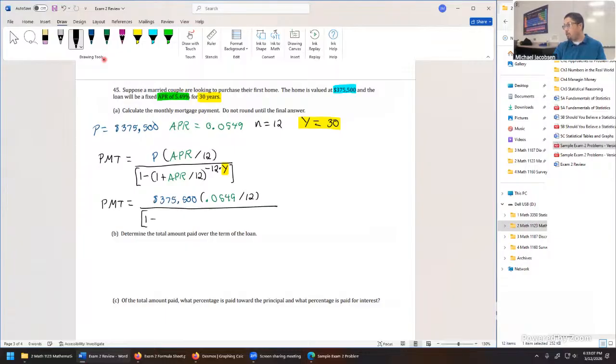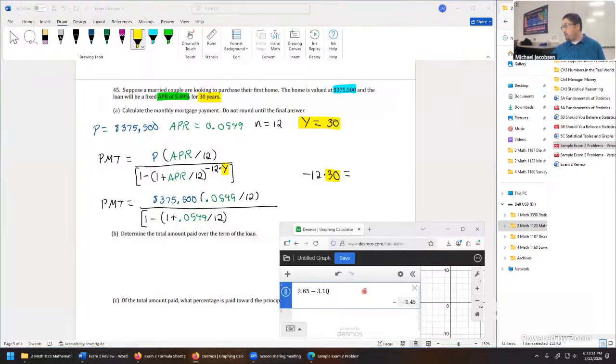Then very carefully go 1 minus (1 plus 0.0549 divided by 12 again). And a pretty helpful step to take in our calculator is, let's just take negative 12 times 30 right here, so we don't have a needless multiplication that's quick to resolve.